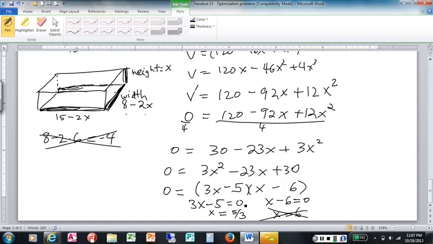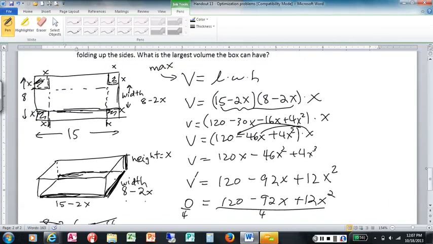So x is 5/3. So I want the x to get the maximum volume. X needs to be 5/3. Well, I guess I could plug it in either place you want to. You can plug it up there or down here.